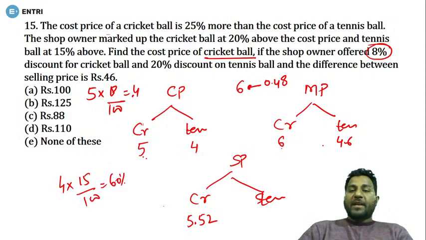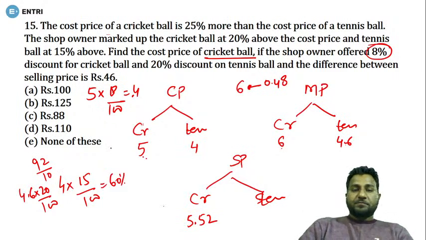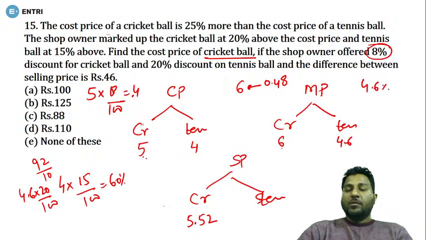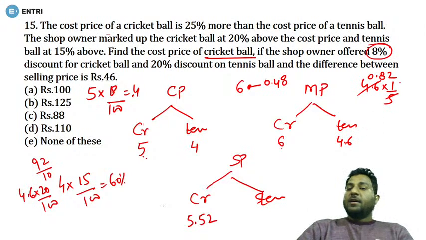And here, 4.6, 20% of 4.6 is 1 by 5, so clearly 0.92. 0.92 will be the discount.